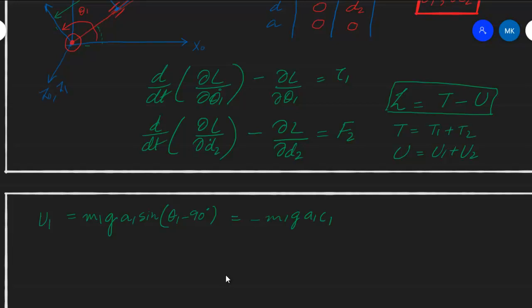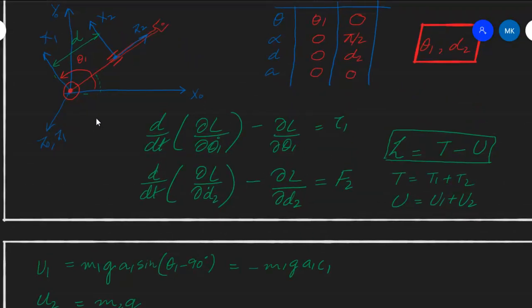And similarly, we have U2 will be equal to m2g times the distance. U2 is for link number 2, which is somewhere here. Now this distance could be d plus some distance, half of this link, or you can always define this frame at the center of mass, and accordingly the distance of the center of mass from the origin of the whole setup would be d only.